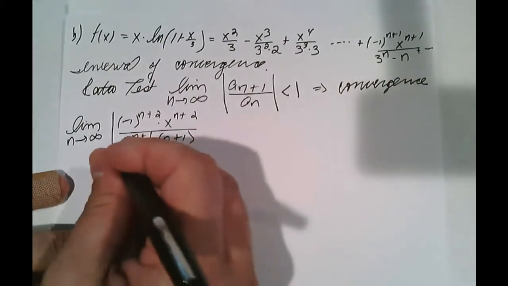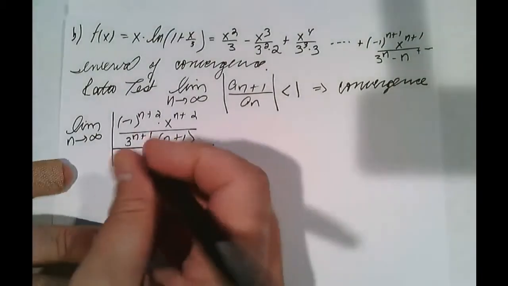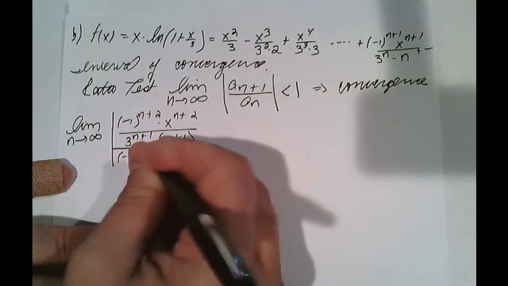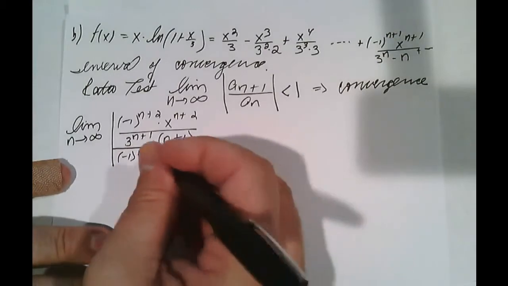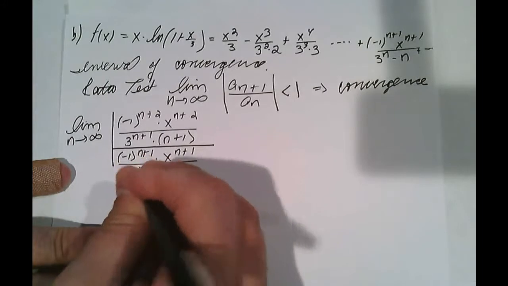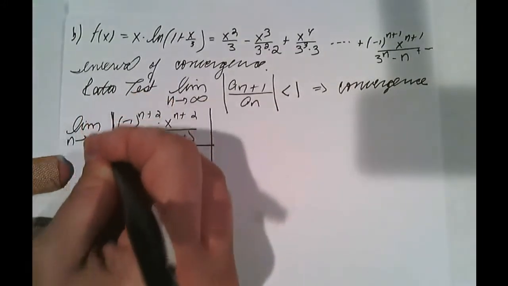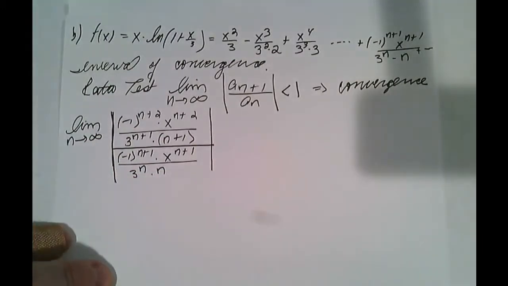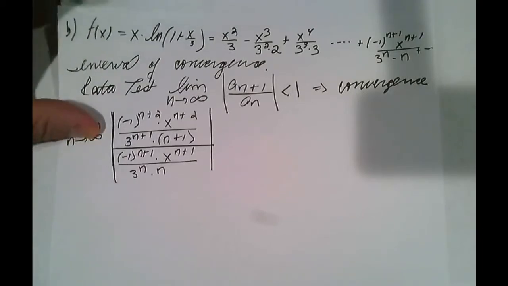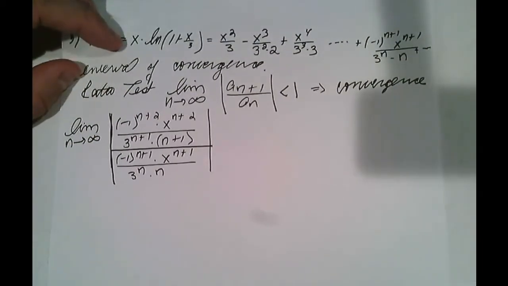That's the n plus 1st term divided by the nth term, negative 1 to the n plus 1, x to the n plus 1, 3 to the n times n. That's the expression that we're going to take the limit as n approaches infinity of. It's big, it's ugly, I get it, but honestly, just writing that ratio earns you the first point.